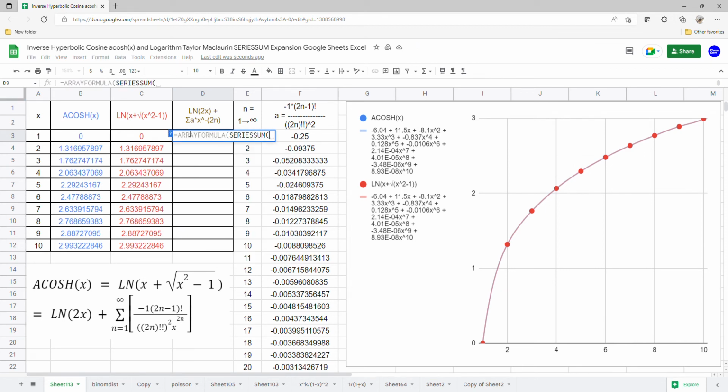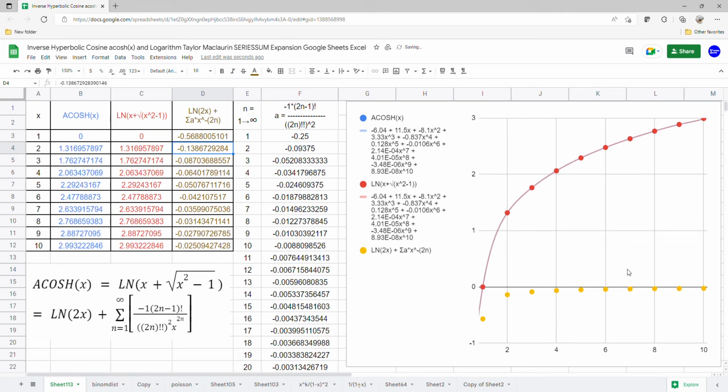Now this is x to the power negative 2n. So that means 1 over x raised to the power 2n, where 2n starts from 1 incremented by 2. That's 2n. And the coefficient will be this range. Enter. And we show the trend line, polynomial.